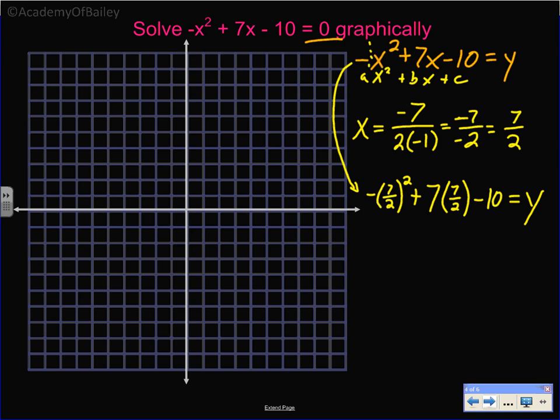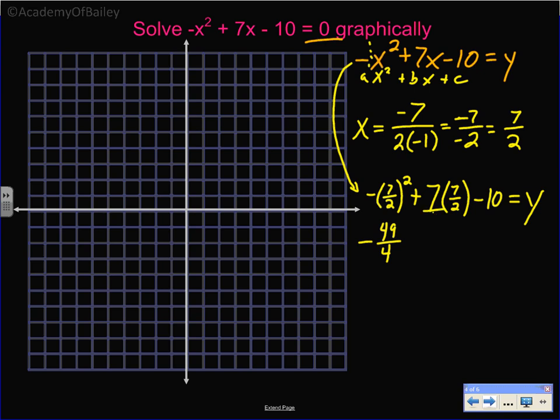And so if we go ahead and work some of this out, 7/2 squared, 7 squared is 49, 2 squared is 4, and drop down the negative sign with it.